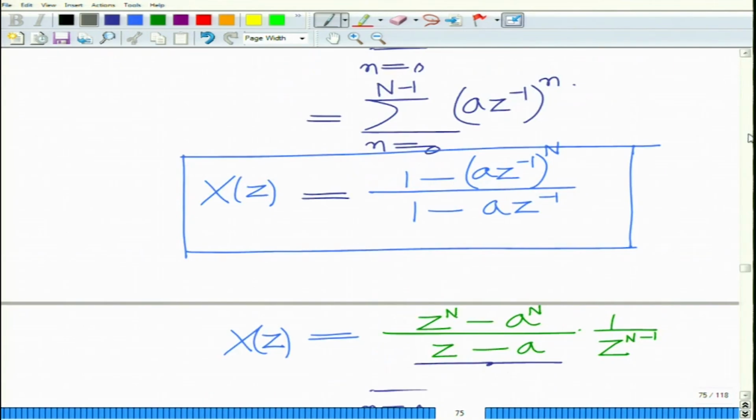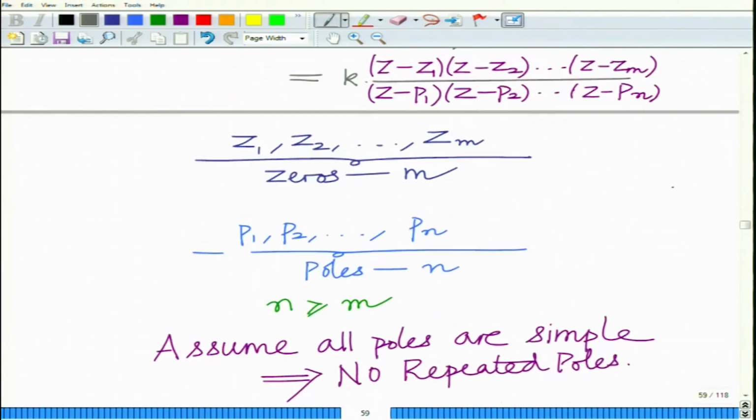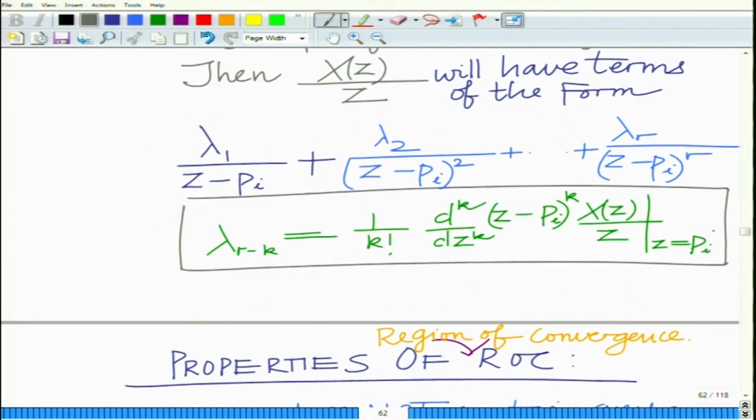That is, lambda r minus k equals 1 over k factorial, the kth derivative d^k over dz^k of z minus pi raised to the power of r times X(z) over z. I am sorry, this should be z minus pi raised to the power of r, evaluated at z equal to pi.